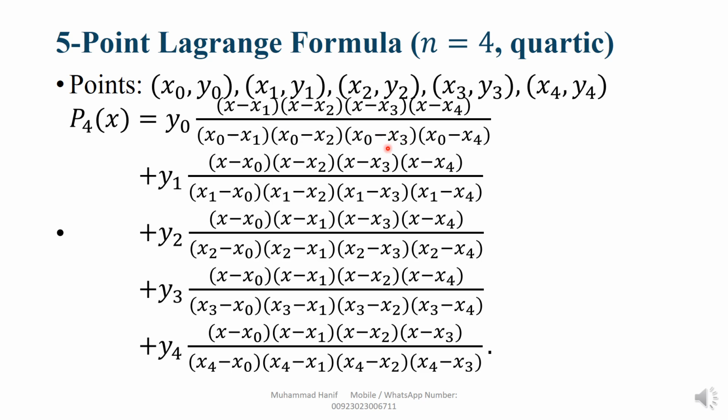You can see here, if here is x1, then here is also x1. If we write x2, then you write same x2. If you write x3, then you write x3, and x4 you write x4. Then plus sign, according to your formula condition, all Lagrange formula we write with addition sign.